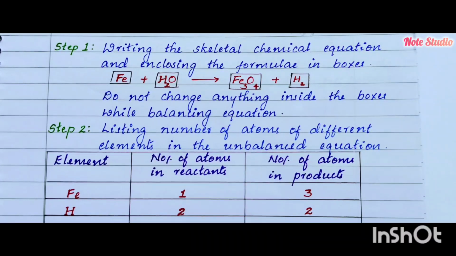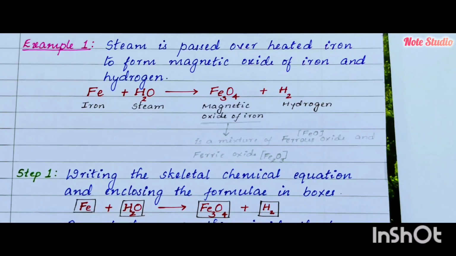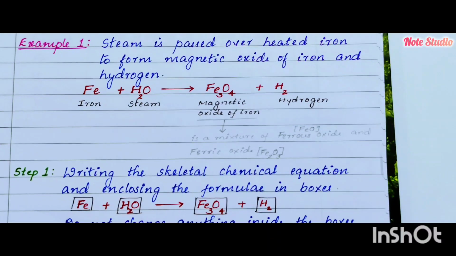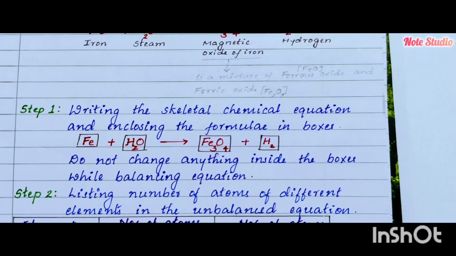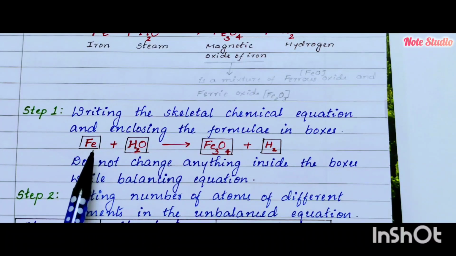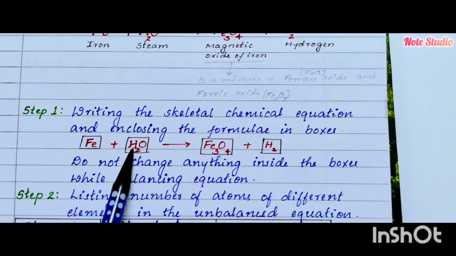We did not write like before. See here without boxes we have written the equation, but in the first step we have just used the boxes. Why? That is the question now. The reason is we should not add any number or we should not change anything inside these boxes. It remains as it is.